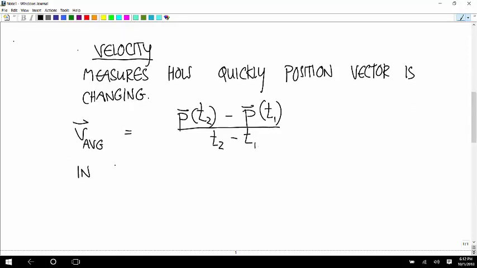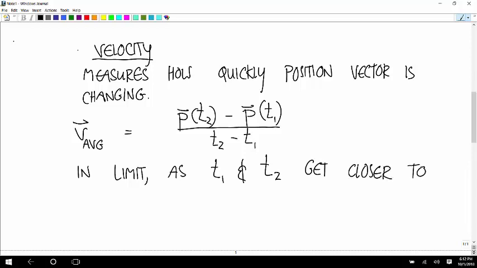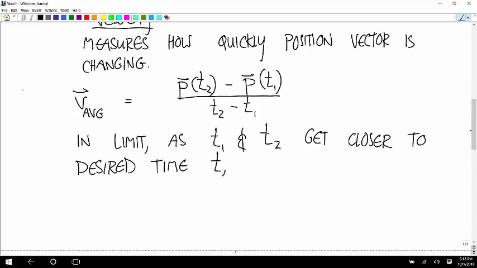And then in the limit, as T1 and T2 get closer to some desired time T, V average gives V instantaneous.